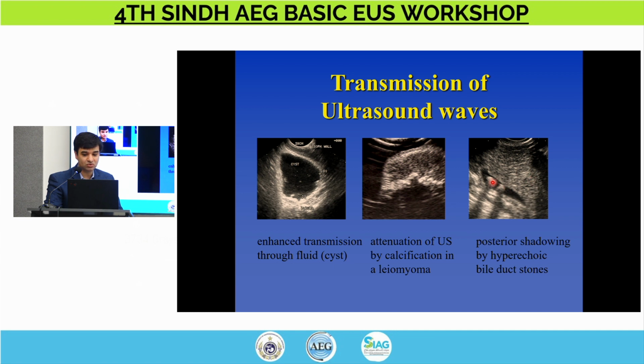But then there are these two lesions within that dark structure there that emit this black conical structure beyond it. So what that tells us is that these two structures within that fluid-containing duct are somehow obstructing the transmission of ultrasound waves, and that's leading to this darker area.